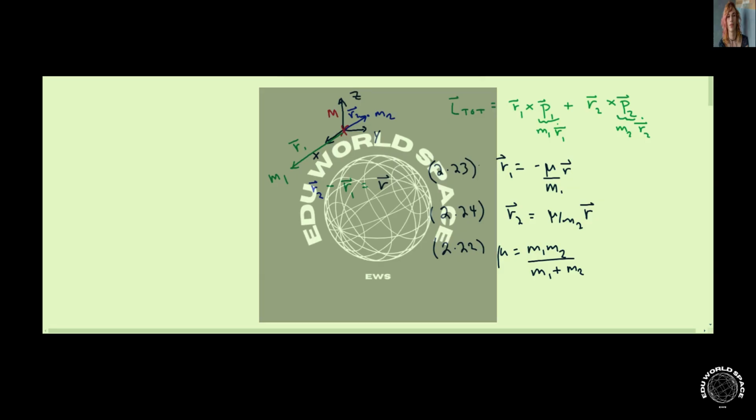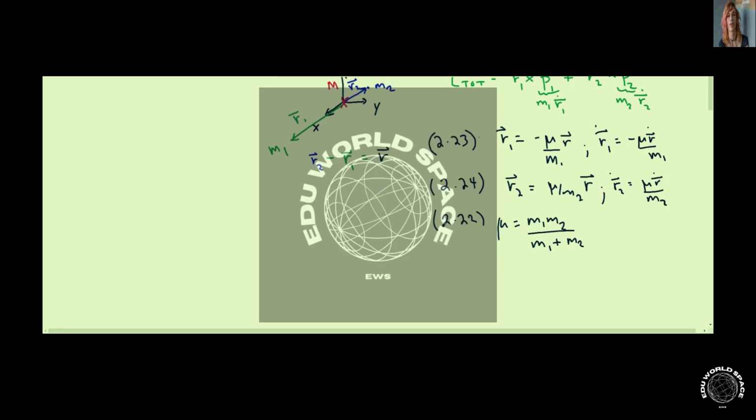And so we can take the time derivative of our two position equations and use those to substitute. Okay, so we have time derivatives of both R1 and R2.